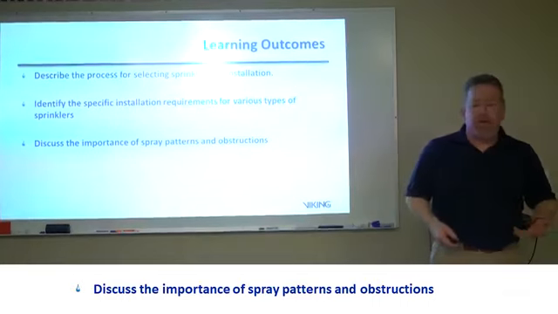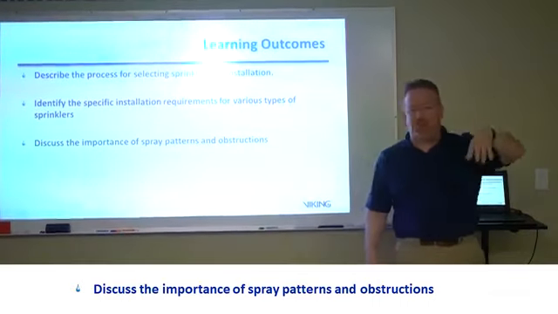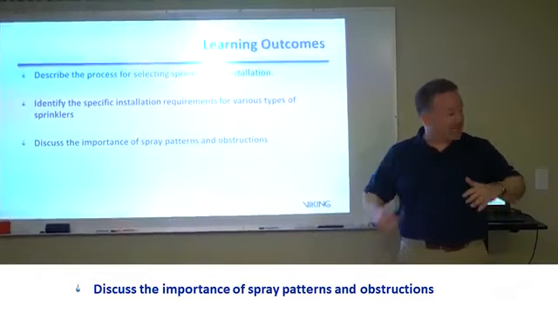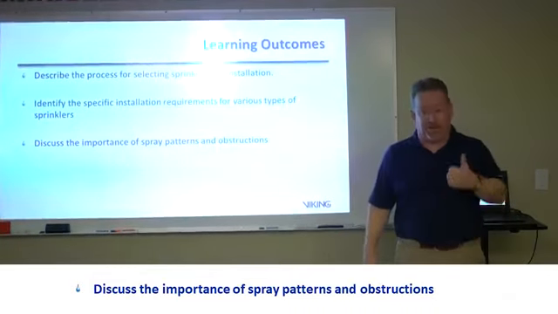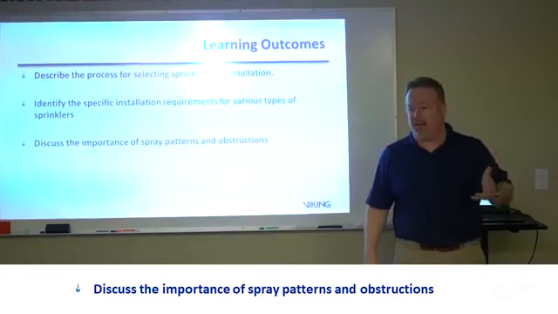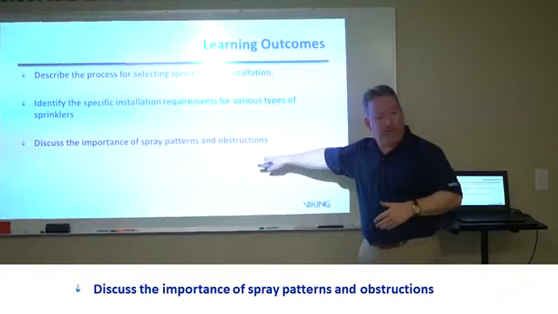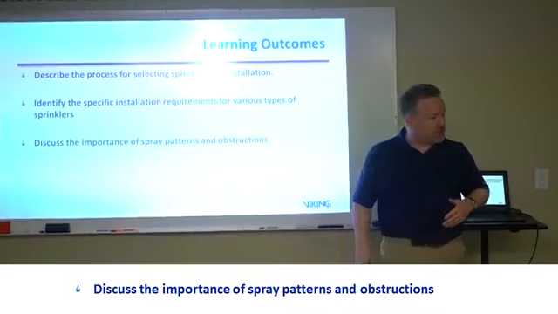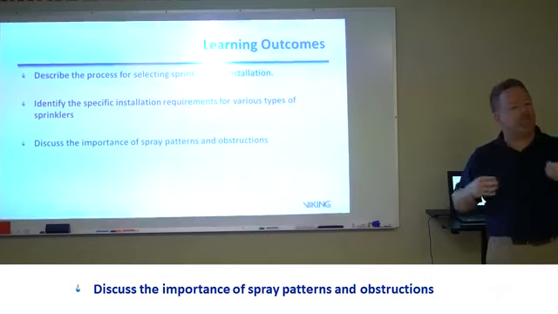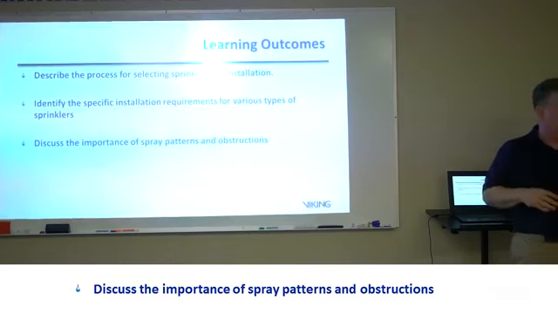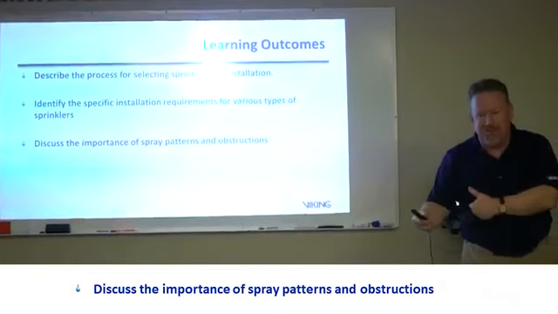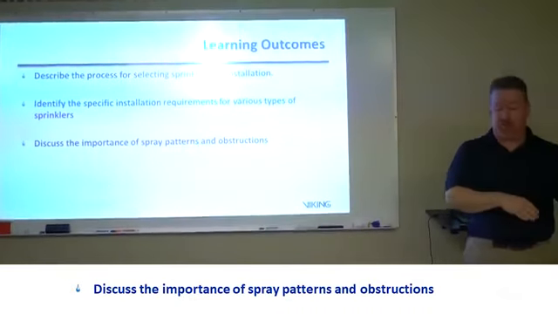Well, we know that we're not always going to have a nice flat smooth ceiling up there, allowing us to create a specific, uninhibited spray pattern. So in certain areas, we're going to need to learn how to deal with obstructions to the spray pattern, and remember that the type of sprinkler we're considering using is going to have different rules about avoiding the obstructions.